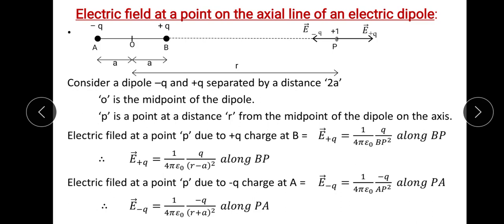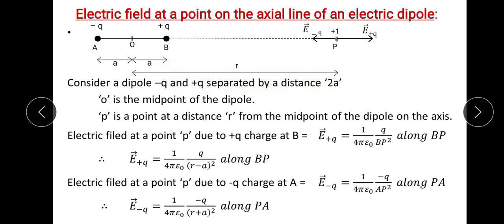Now P is a point at a distance r from the midpoint of the dipole on the axis. Look at the diagram. So this is a point P which is placed at a distance r from the midpoint of the dipole. This is the distance r.